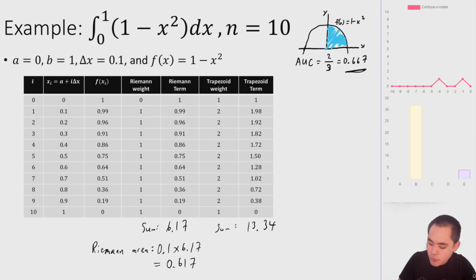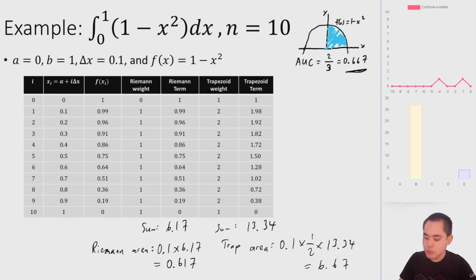Note that the actual area under the curve is 0.667, or 0.6 repeating, which you can get from the integral if you do it analytically. The trapezoid area is 0.1 times 1/2 times 13.34, because that was the formula that we had, and so that's equal to 6.67, which is a better integral, though it's a slight overestimate.